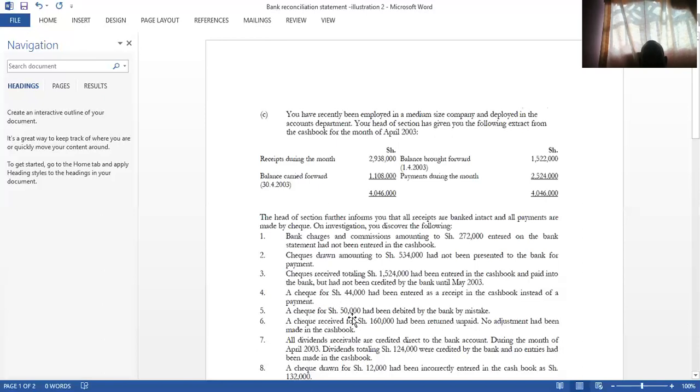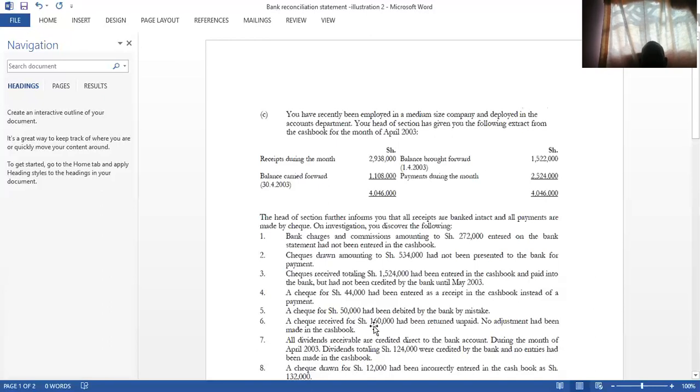A cheque for 50,000 had been debited by the bank by mistake. This is an error by the bank, which is actually increasing our bank balance. And any error committed by the bank in the bank statement should be corrected, or captured, in the bank reconciliation statement. A cheque received for 160,000 had been returned unpaid.